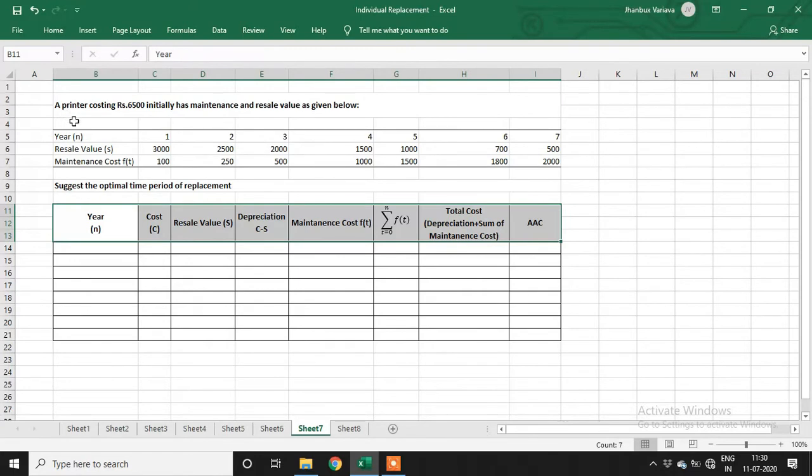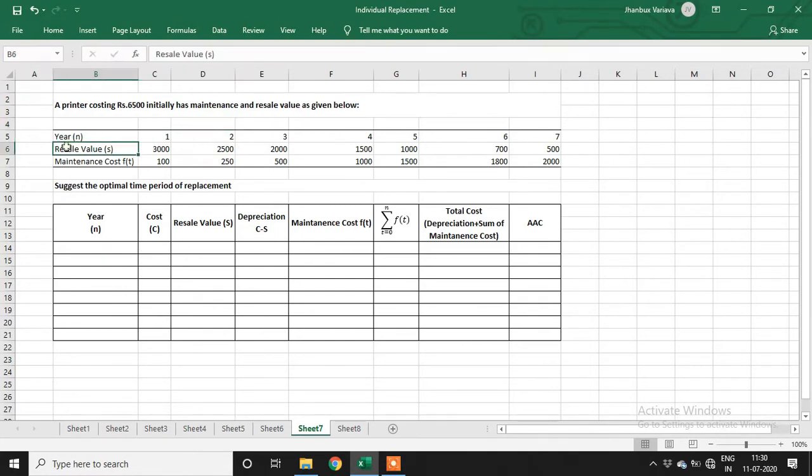Example number 1 says that a printer costing rupees 6,500 initially has maintenance and resale value as given below. Means there is a printer machine which is costing 6,500 initially, and its maintenance and resale value are as given below.